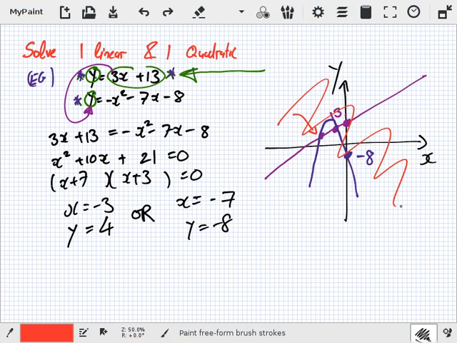Alright, let me zoom in a little bit for you. So can you see here, what is that? Minus 3, 4, there it is there. You see there, minus 3, 4. And what was the other one? Minus 7, minus 8. There it is there. This is where the two meet.